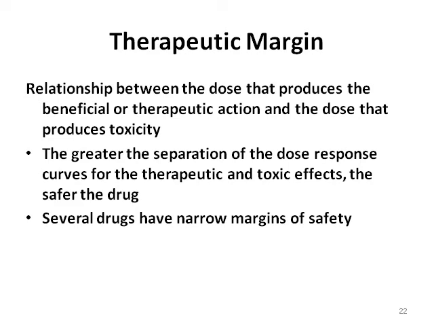I mean, we'd love for it to have a therapeutic separation of like a tenfold or greater difference. This is not always the case. There are some drugs that we describe as having a narrow margin of safety or a narrow therapeutic margin. Drugs with narrow therapeutic margins usually have steep dose response curves. They need to be monitored carefully and dosage adjustments made very carefully.